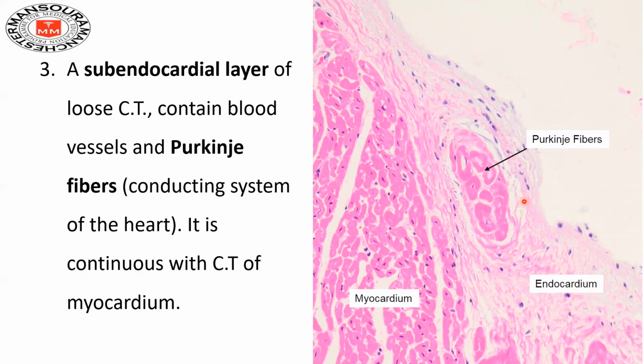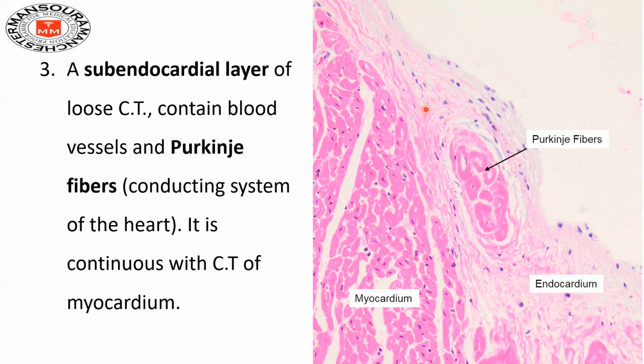These fibers are very characteristic and are specialized in conduction of the nerve impulse inside the heart, so they are considered part of the conducting system of the heart. So Purkinje fibers are present in the subendocardial layer. Again, this layer is continuous with the connective tissue of myocardium. So here is the myocardium surrounded by a connective tissue, which is in continuation with the subendocardial layer.